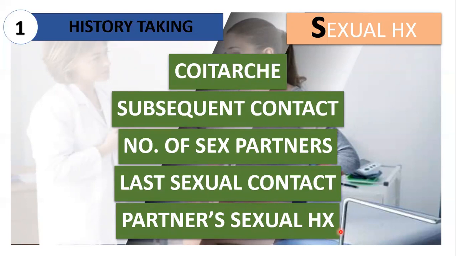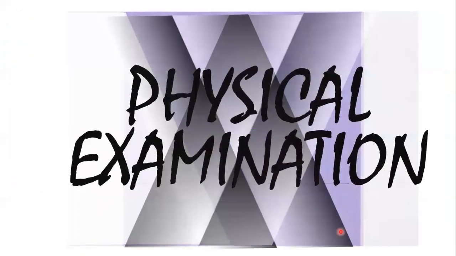And then OB score composed of GPTPAL, G for gravida, P for para, T for term, P for preterm, A for abortion, and L for living, and the rest. We will now go to the OB-GYN PE.